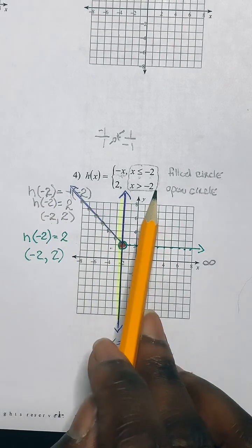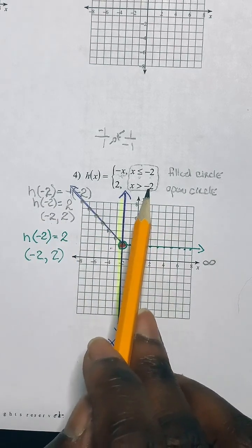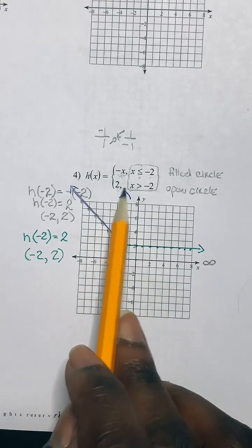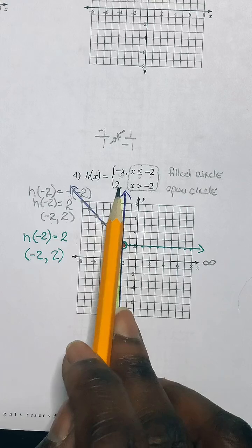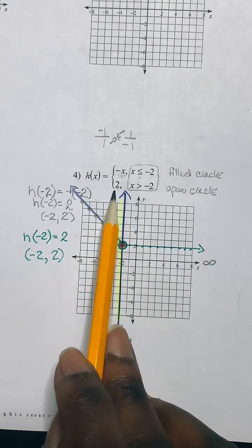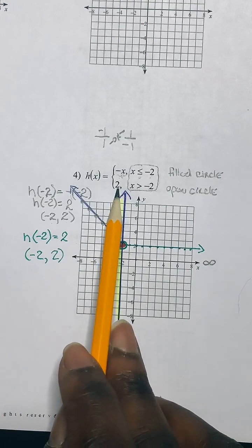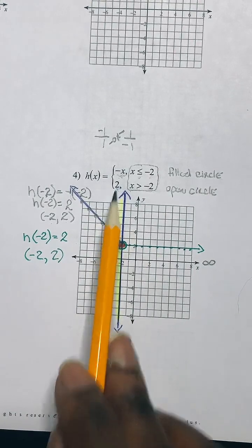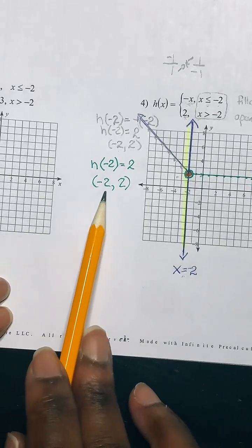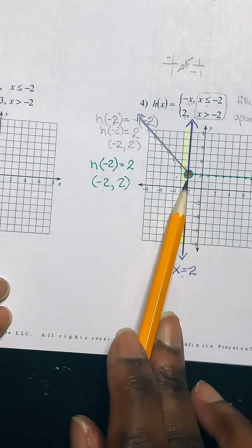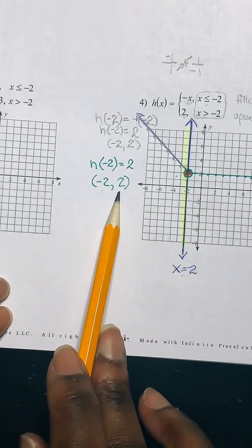Then I went to the next one. So I start at -2. I plug it in, but guess what? There's no x's to plug into. My y value is just going to be 2. So no matter what the x's are, my answer for the y's is going to be 2. So it just so happens that my point on that boundary line is -2, 2.